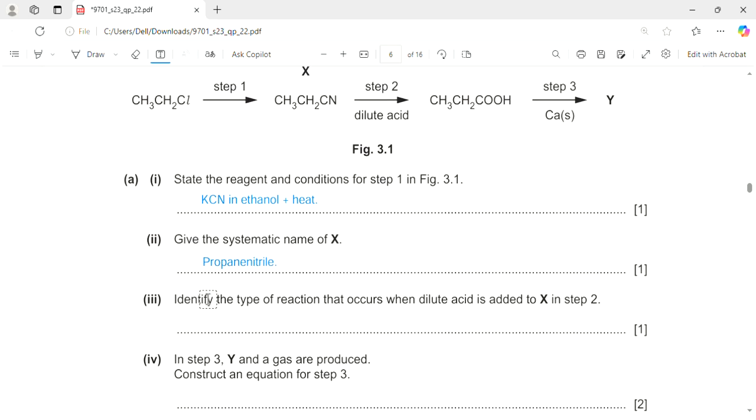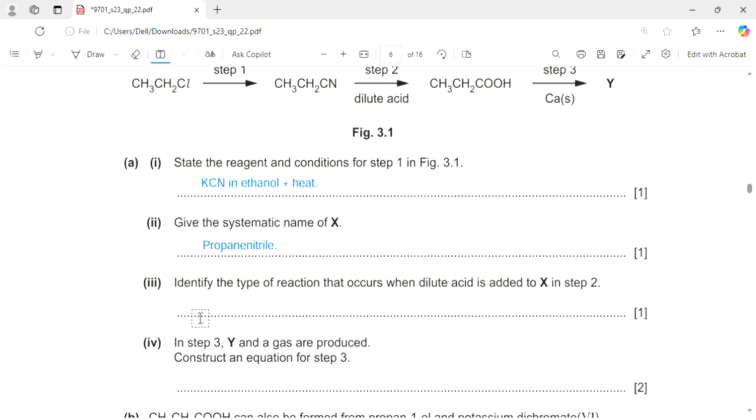So this is hydrolysis, acid hydrolysis. I think acid hydrolysis is the answer, so we have done with this.